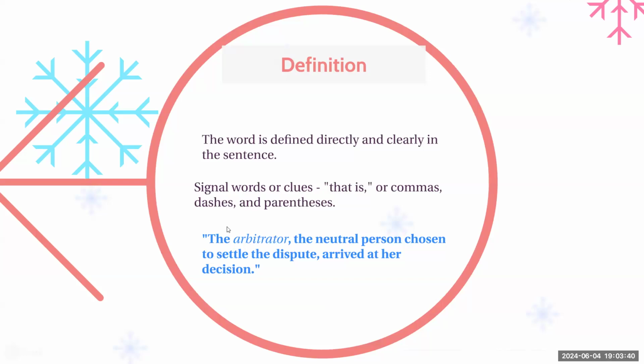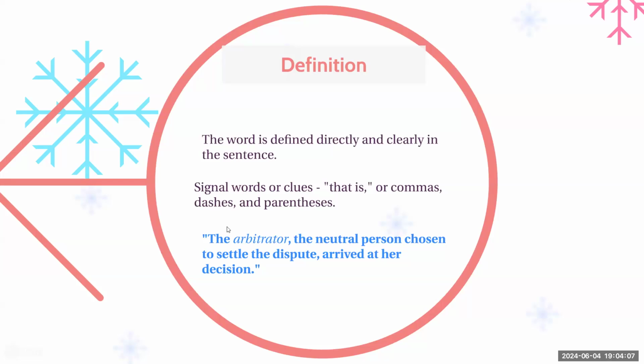Next up, we have definition clues. Definition clues are context clues where the meaning of the word is directly provided in the sentence. So it will show up in the sentence. These clues often use words or phrases such as that is, or commas, or dashes, or parentheses.